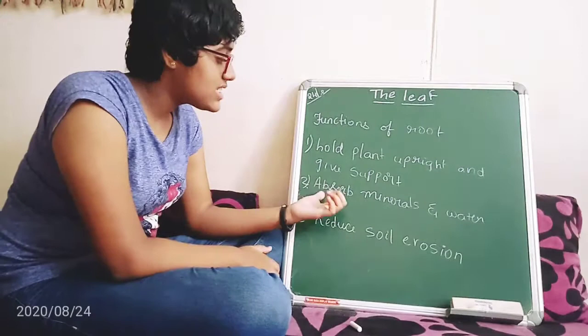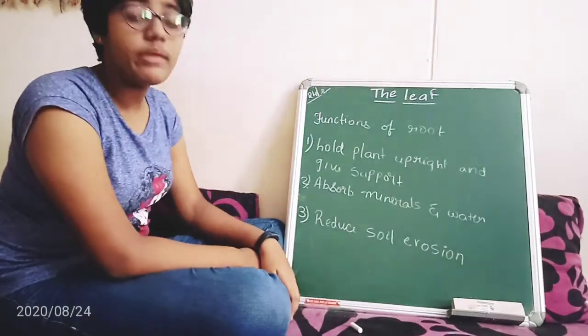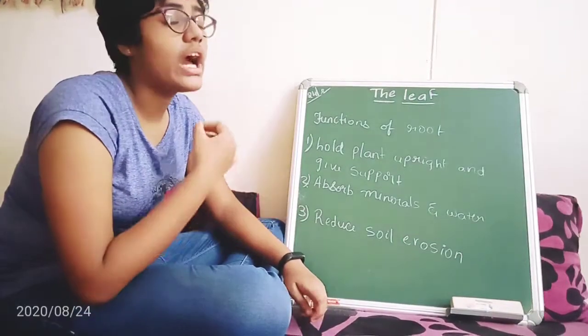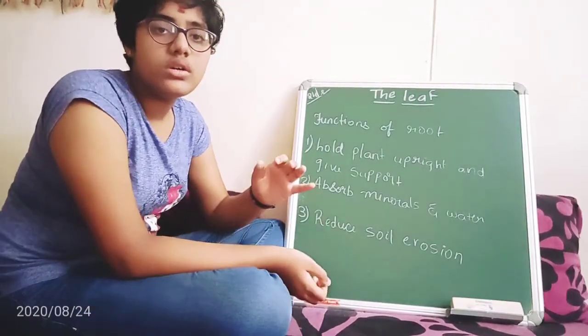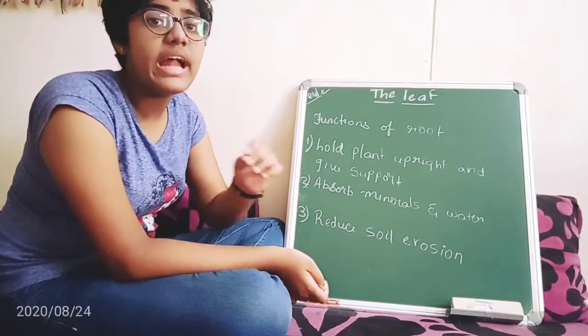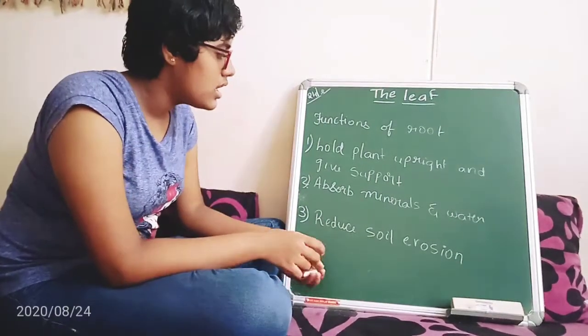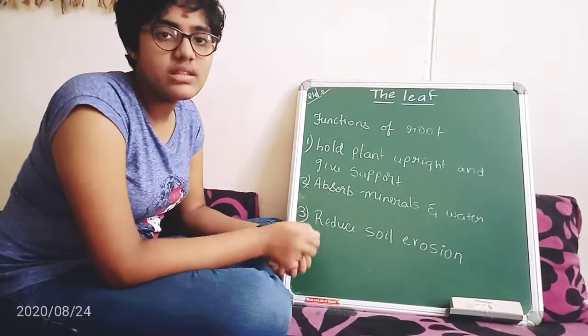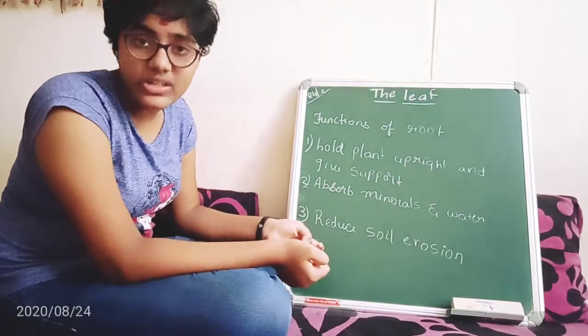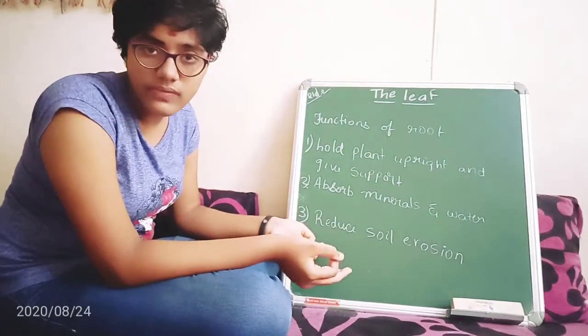Okay. Next one is absorb minerals and water. Why does a plant need an underground part? For absorbing minerals. The root hairs, the main root and the lateral roots, these are the three main parts of the root.